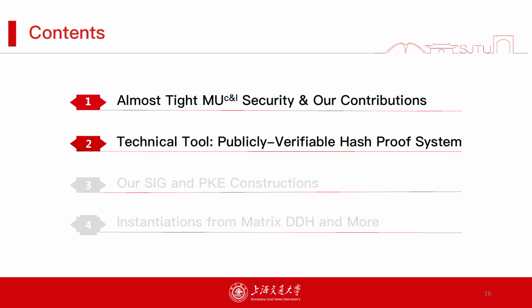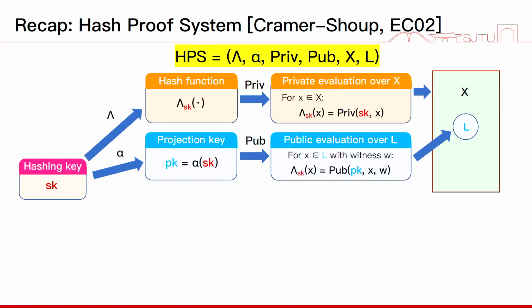Next, I will show how to construct our signature and PKE schemes. At the core of our constructions is a new technical tool called publicly verifiable hash-proof system. First, we recall the well-known hash-proof system proposed by Cramer and Shoup.